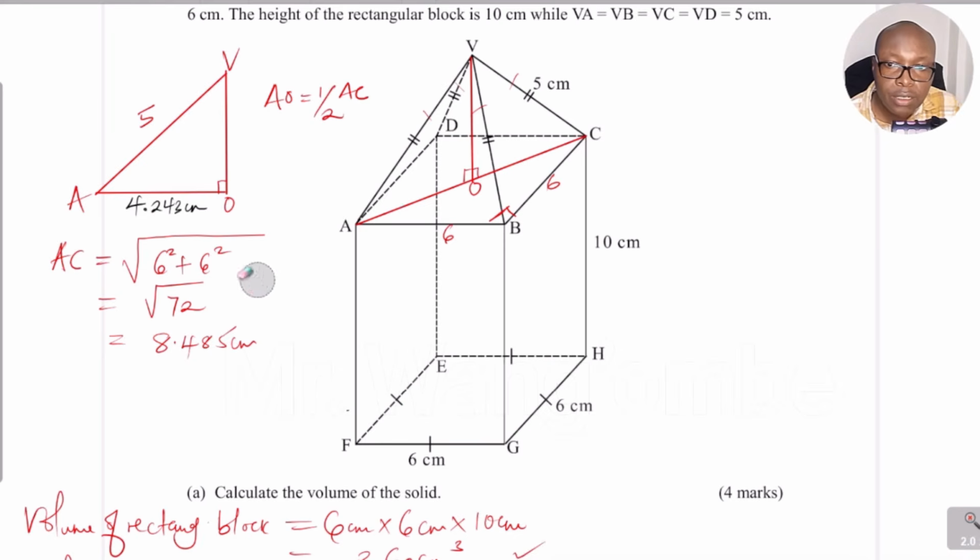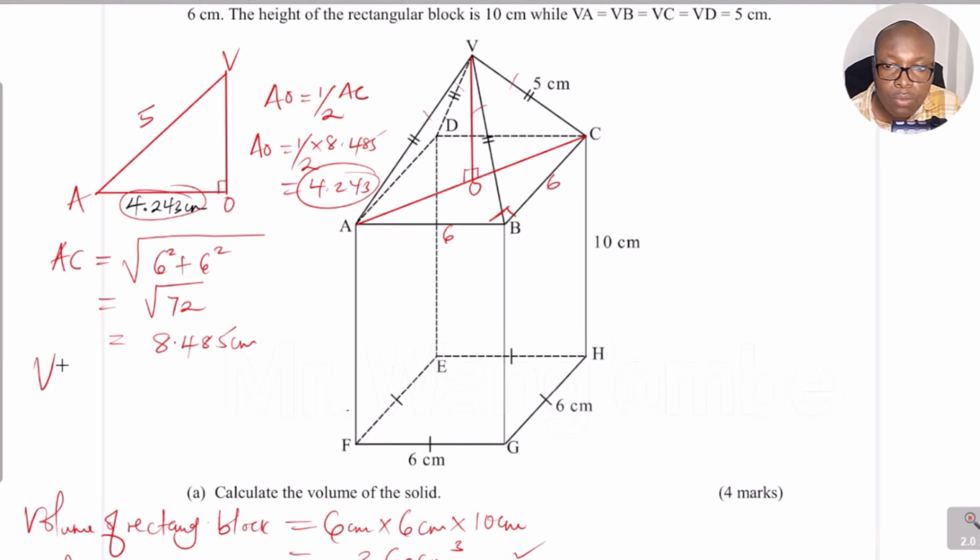Now after getting AC, it is easier to get AO. Remember, AO we said will be a half of AC. So already we have AC as 8.485, so we get a half of that, and you notice you get 4.243. So that is AO, half of AC. We calculated AC first, and then got half of that.